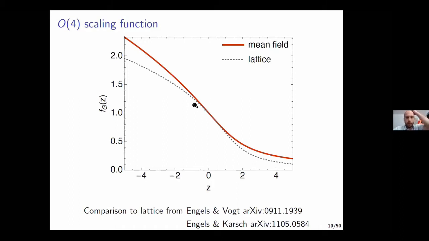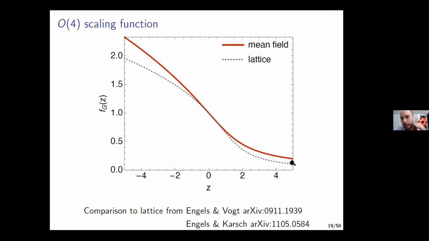And yeah, you've probably seen there are these two lines. This red line here is what we compute. This is the mean field value, just coming from minimizing the potential. And then these gentlemen here did a similar computation on the lattice, and they get this dotted line.